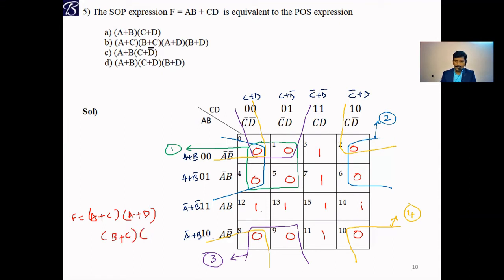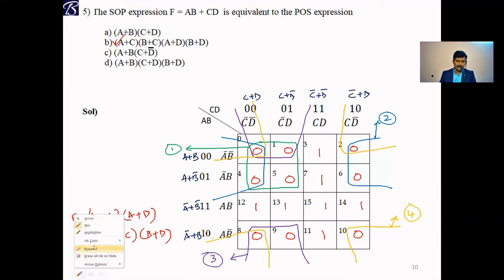The last max term, this yellow, all the corners. So in these two, the common term is B plus, and in these two the common term is D. Now check it out: A plus C, A plus D, B plus C and B plus D. Option B is correct. In this way, we can convert the given SOP form to POS form.